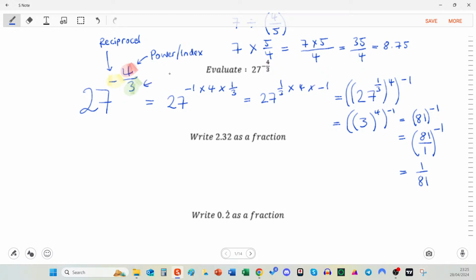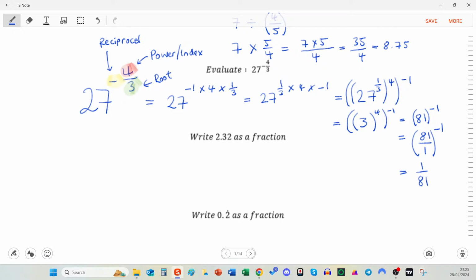And the denominator is your root. So you see that we had to cube root 27. We had to raise it to the power of 4, and we had to find the reciprocal of it. And the order in which we did that was beneficial by making the number smaller first, by cube rooting first.